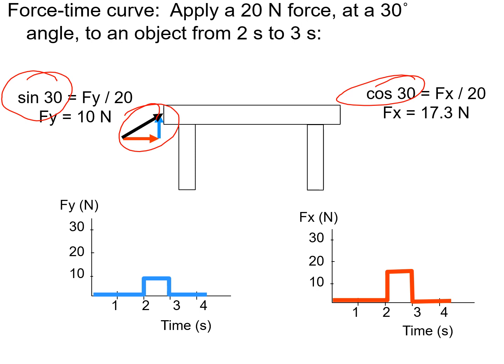Now this gets into the question: if we wanted to move a table, would it be better to push or pull it? If you did the same thing but you were pulling it, you're going to lift it up a bit.